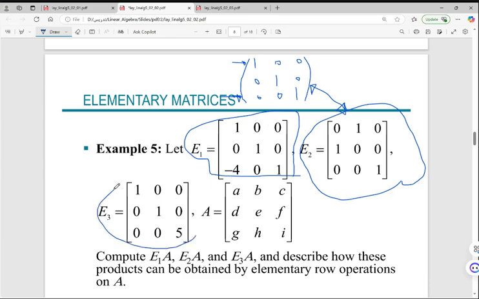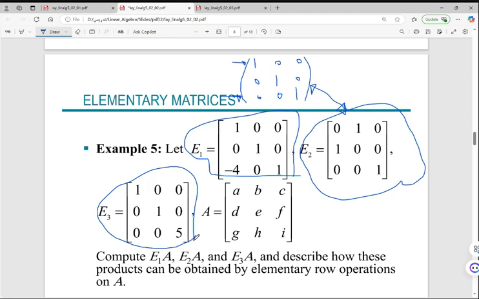Now consider E3. Is E3 an elementary matrix? Yes, elementary. Why? Because it's obtained from the identity matrix. In the identity matrix, if we multiply the third row by 5, E3 is obtained, right?